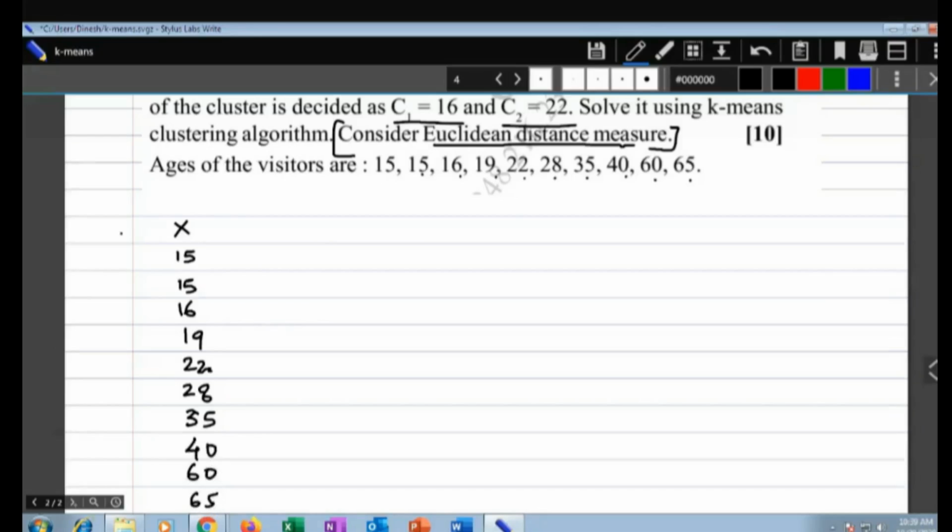If you want, you can have the index of these: 1, 2, 3, 4, 5, 6, 7, 8, 9, and then 10. So there are a total of 10 points.